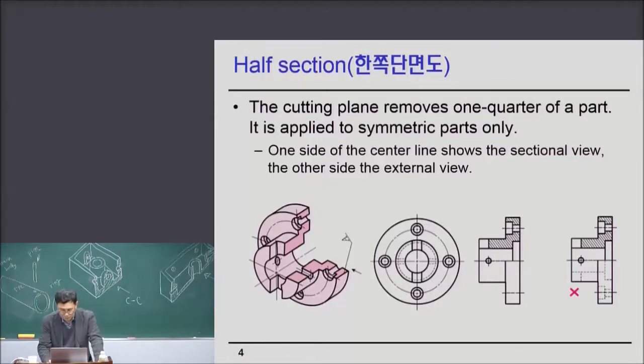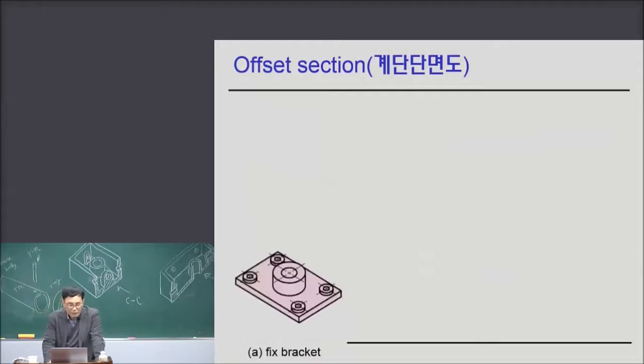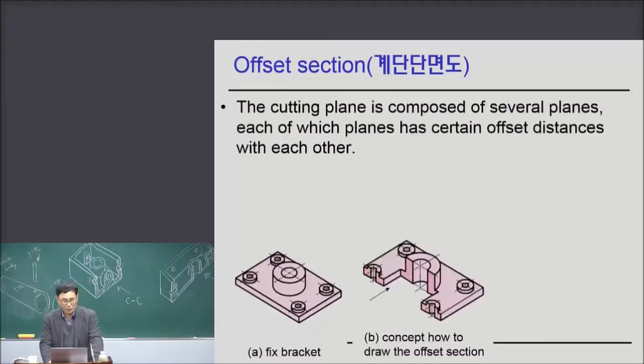So don't worry. And also there are many techniques for finishing the sectional view. For this fixed bracket, the cutting plane is not necessarily just one plane. Maybe it has some offset between two planes.